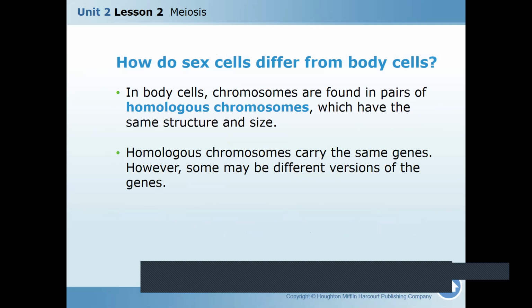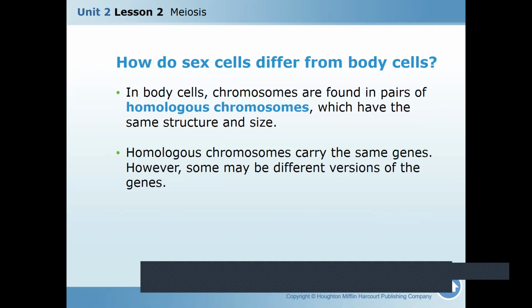Yes, continue, Revati. How do sex cells differ from body cells? In body cells, chromosomes are found in pairs of homologous chromosomes, which have the same structure and size. When I see chromosomes in the body with the help of a microscope, I can see they are exactly the same.